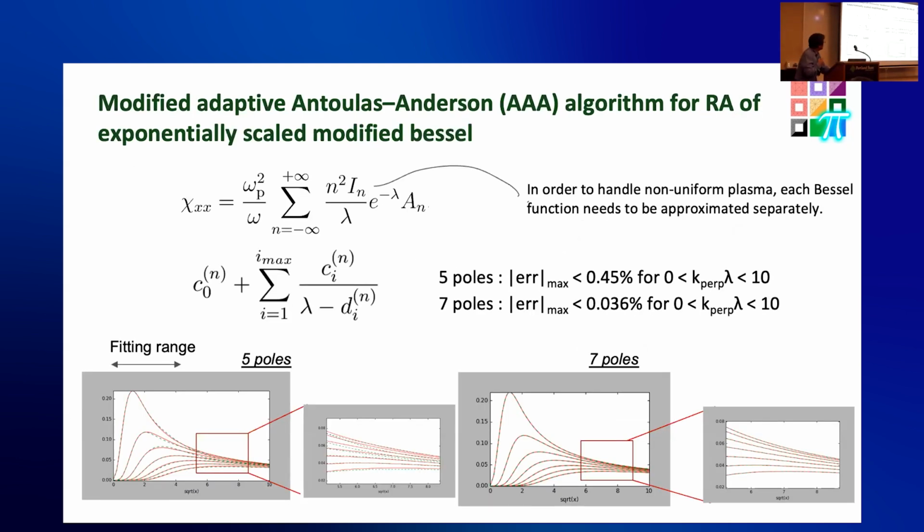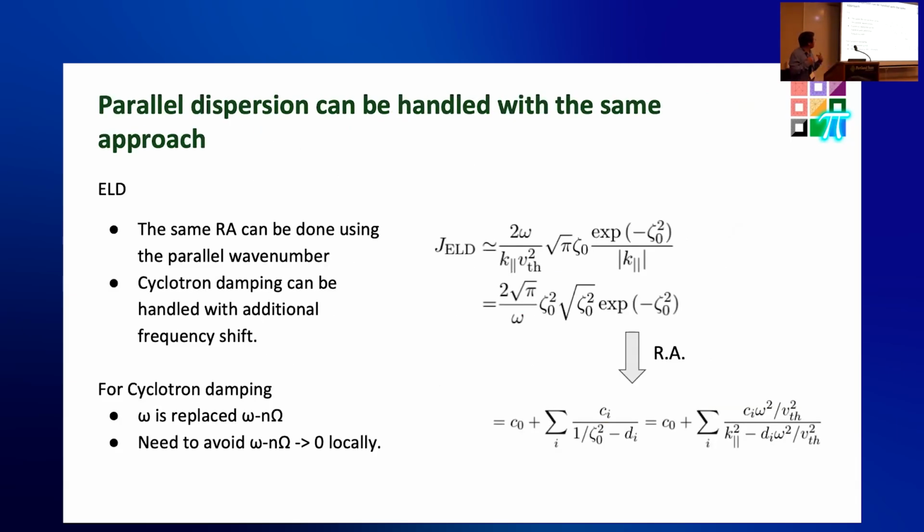Okay, so let's skip this one. This one just shows how the rational approximation works, and that 5 to 7 terms is good enough to expand. And like I said, there is a K depending on the perpendicular direction and the parallel direction.